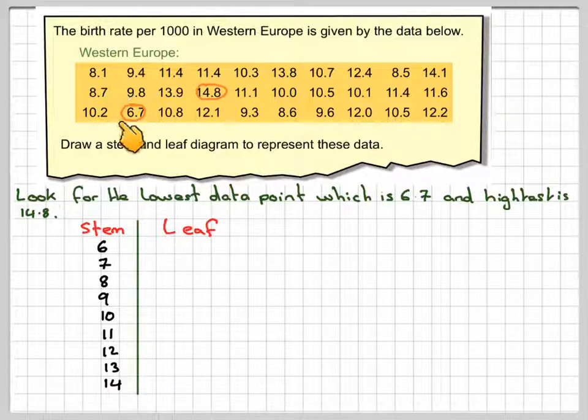So the first one says 8.1, so here we now put a 1. Next one says 9.4, so here we put a 4.